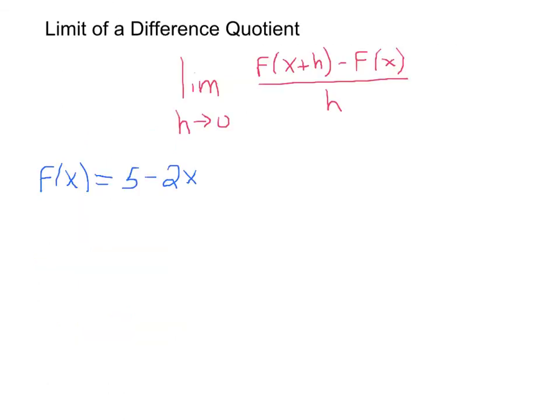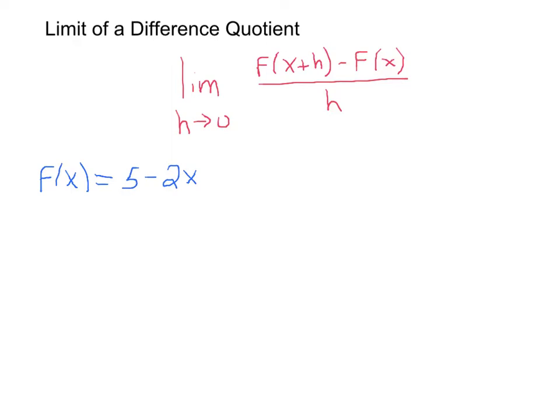Okay. So now let's start looking at some difference quotients. We had the difference quotient before we started into chapter 11: f of x plus h minus f of x, all divided by h, but now we're going to take the limit of that as h approaches 0.